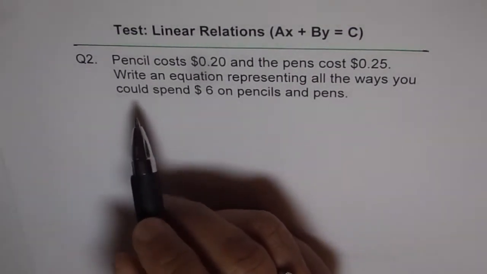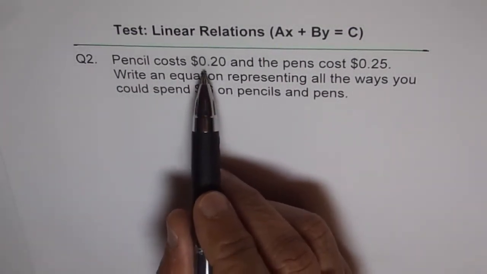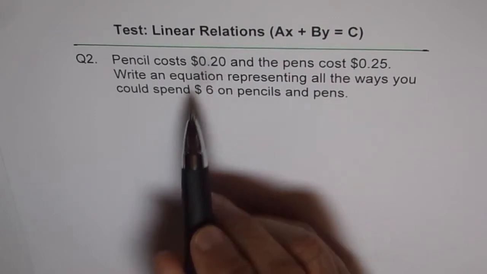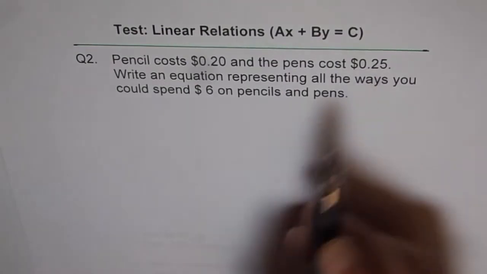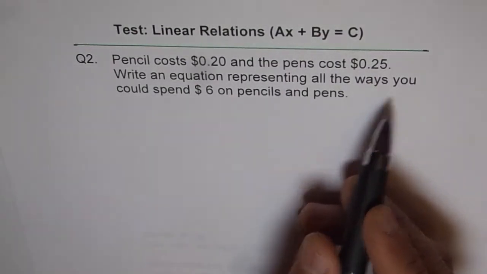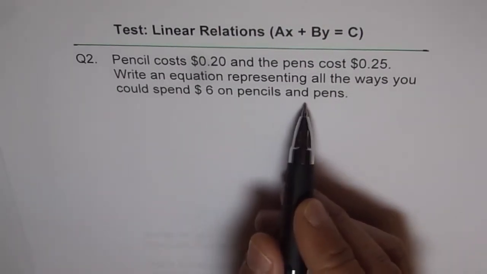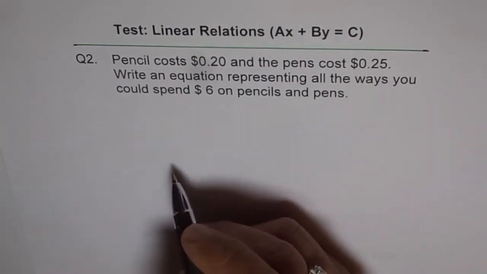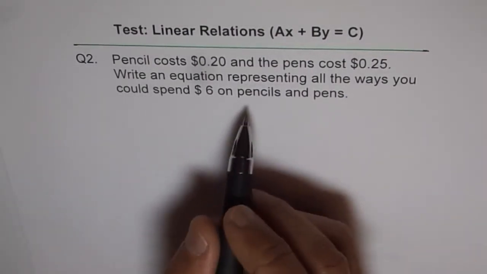So let's read the question once again. It says pencils cost $0.20, that means 20 cents, and pens cost $0.25. Write an equation representing all the ways you could spend $6 on pencils and pens. So let's say the total amount is 6 and we need to buy pencils and pens.